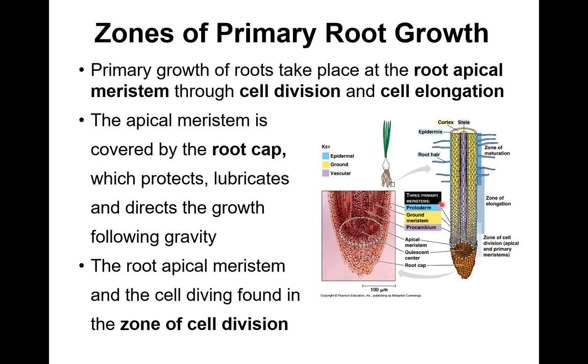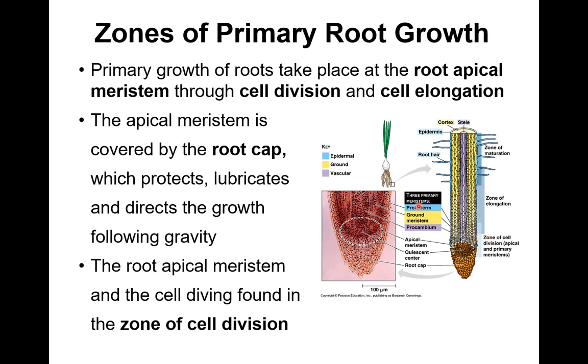These three tissues: the protoderm will give origin in the end to the epidermis, the ground meristem will give origin to the ground tissue of the cortex, and the procambium will give origin to the vascular tissue, xylem and phloem, found inside the stele. So this division takes place in the zone of cell division.